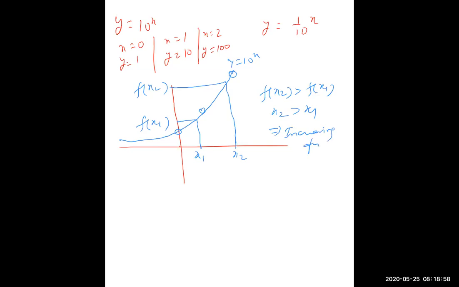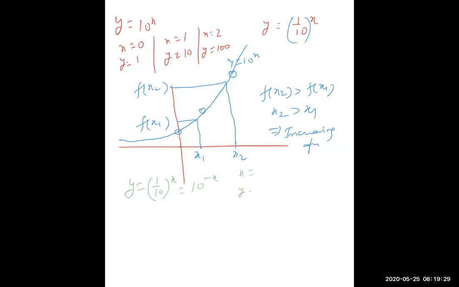What is the meaning of an increasing function? As value of x increases, value of y must also increase. So these functions go higher and higher like this. But on the other hand, if you take another function, y = 1 upon 10 raised to power x, that is 10 raised to power minus x, now you check it.